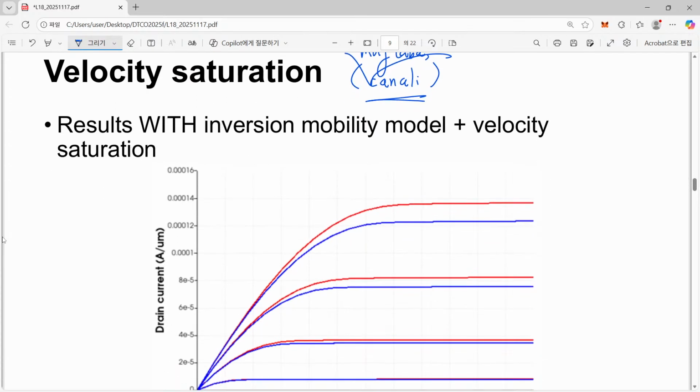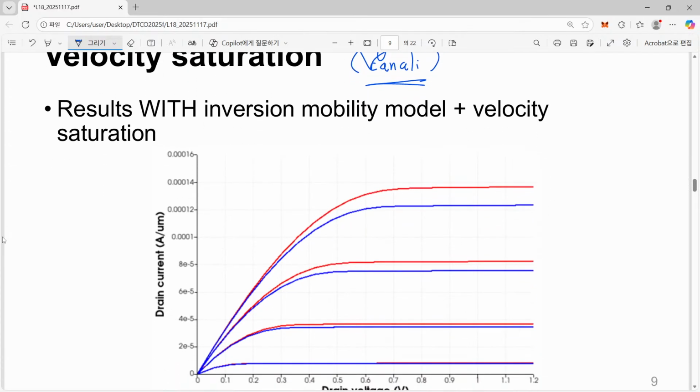Then what happened is, yes, this one is the inversion layer mobility model only, and this one shows the combined result of inversion layer mobility and velocity saturation. It shows some differences, but it's not that drastic.